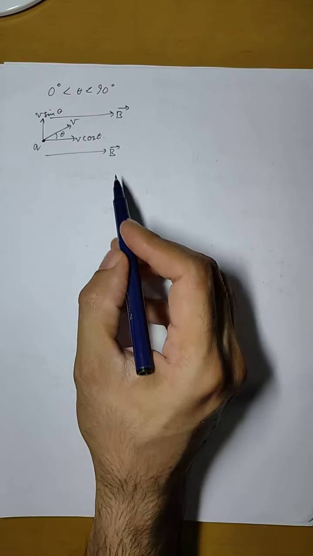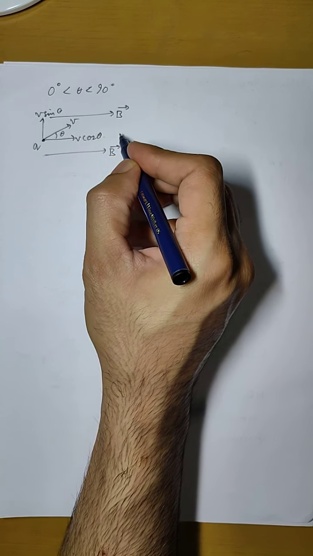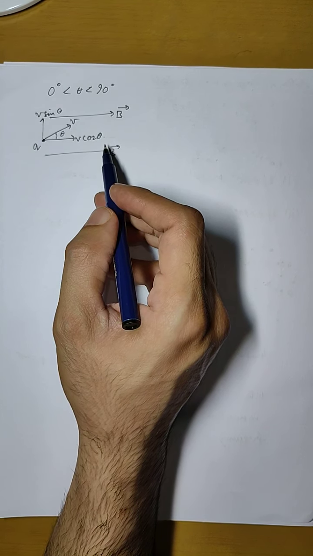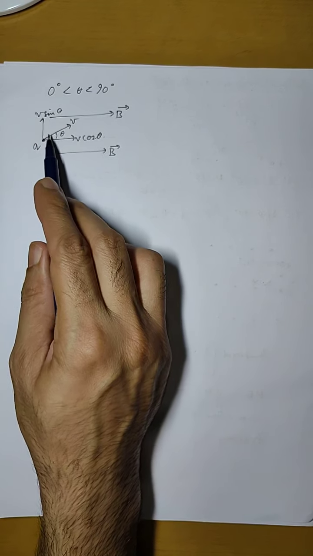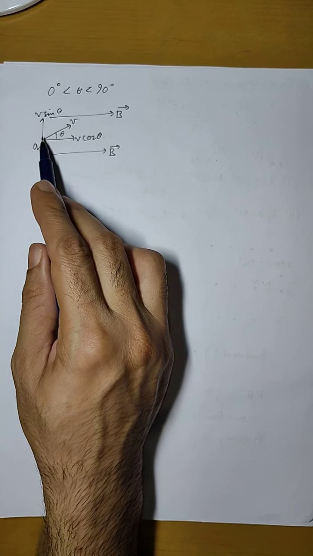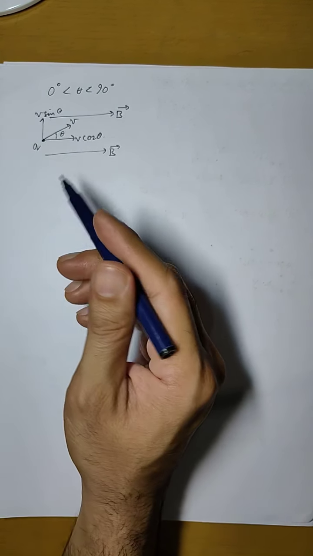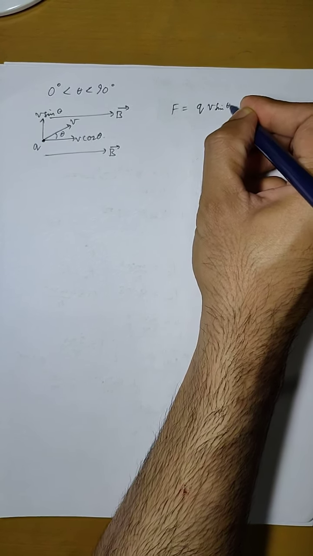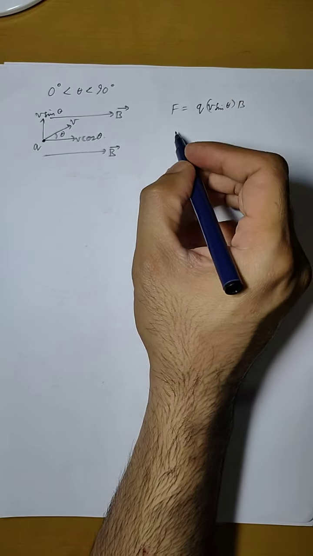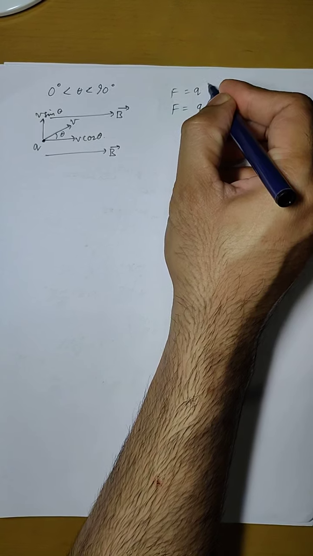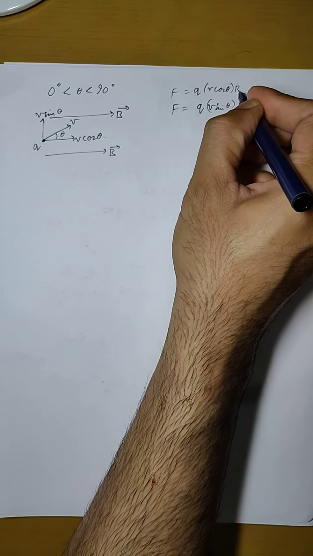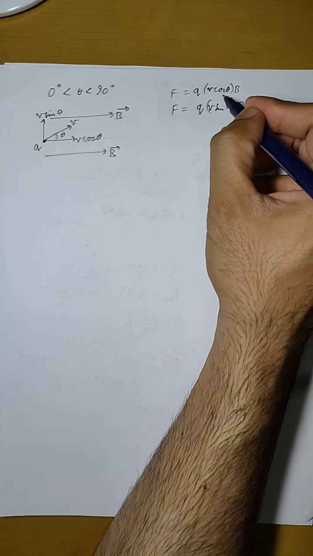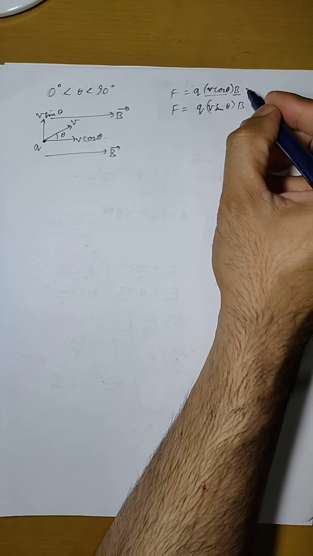Now these components, v cos theta is along the magnetic field, so the force because of v cos theta will be 0, and v sin theta is perpendicular, and as we have already studied, the force because of this will be q v sin theta B. Force due to q v cos theta into B, the angle between v cos theta and B is 0 degrees, so this will be equal to 0.